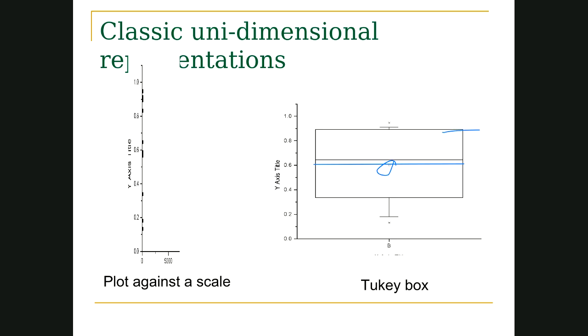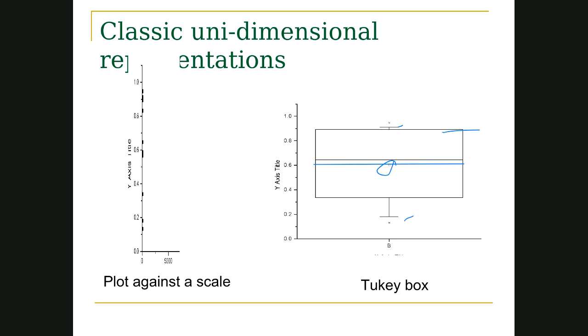This one normally is the 75th percentile. So it means that 75% of the values are below that line, 25% are on top. The other line here, the whisker, is normally the 95th percentile. Again, only 5% of data is on top of it. This one is really close, but this one is a little bit further.